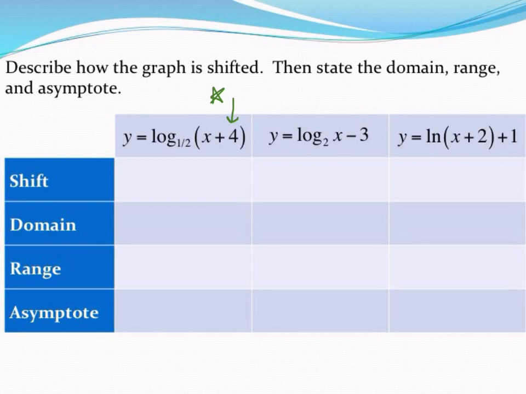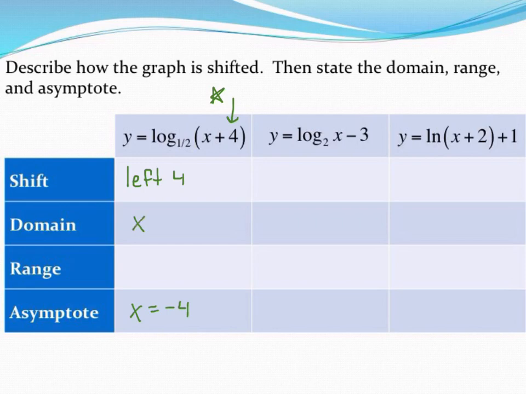So I'm looking for numbers inside parentheses, specifically if those zeros from the asymptote and the domain are going to change. So it is a horizontal shift, and it does the opposite of what it says. So instead of it moving to the right 4, this is actually going to shift my graph to the left 4 spaces. Which means my new asymptote is no longer x equals 0, it's x equals -4. It's been shifted backwards 4.